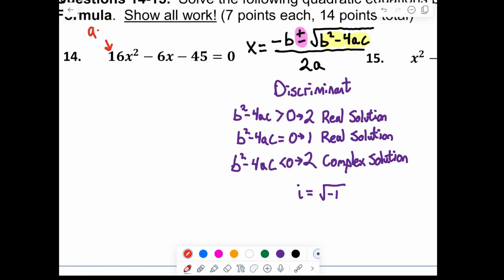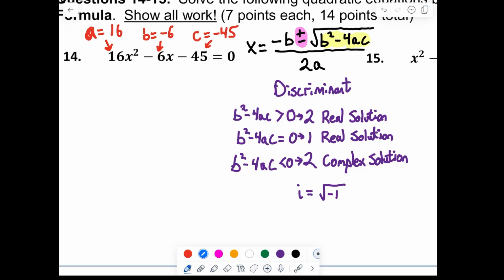So I can take out a negative from a square root and just call it i. That's going to leave me a positive number in the square root, and I won't have a problem taking the square root of a positive number then. So if that b squared minus 4ac is less than 0, then I have a negative under the square root, and that's what causes complex solutions, and we'll see that in question number 15.